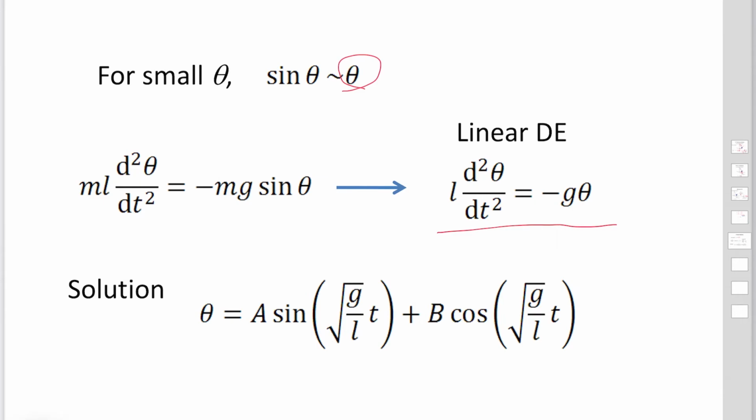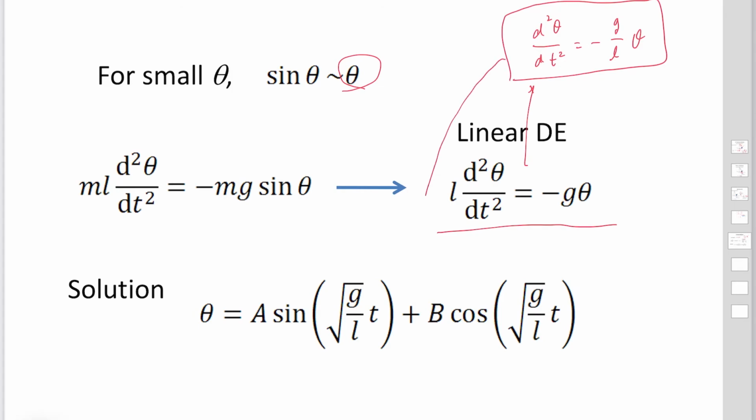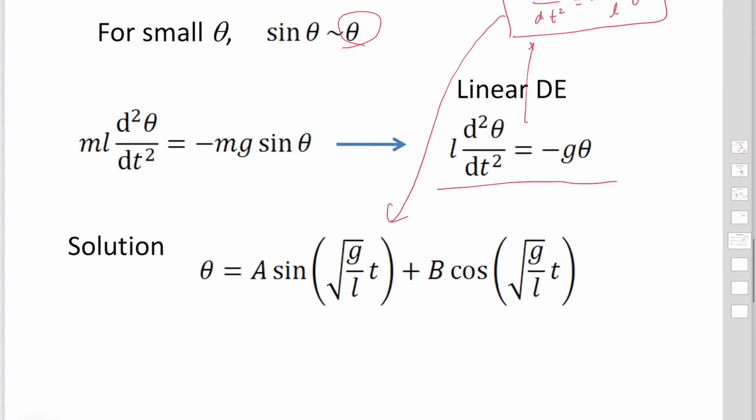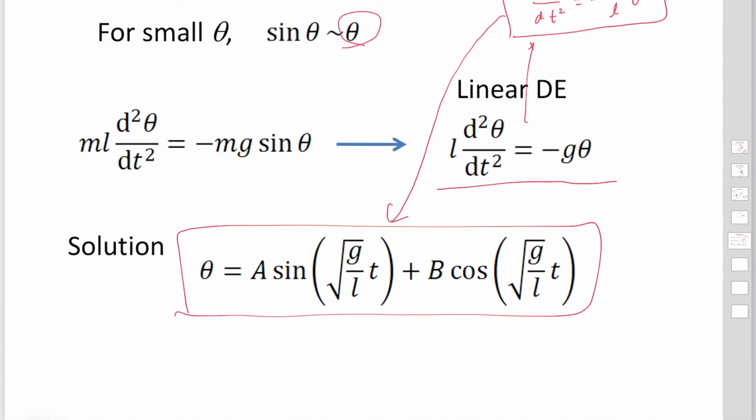So this equation is expressed as the second derivative of theta with respect to t plus g over L theta equals zero. This is a linear differential equation. We can easily solve it. The general solution is theta equals capital A sine of square root g over L t plus B cosine of square root g over L t.